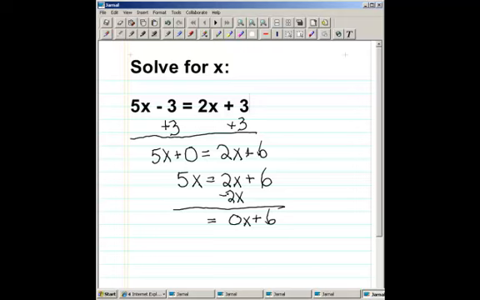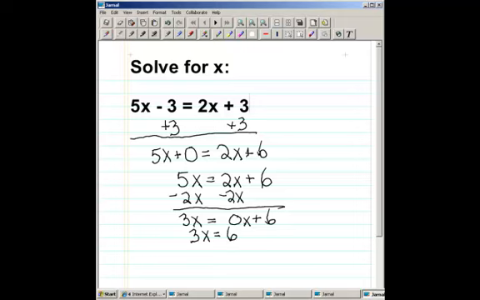So if I subtract 2x on the right, I must subtract 2x on the left of the equal sign. And 5x minus 2x leaves me with 3x's. We know that 0 times any number is 0. So 0x is simply just 0. And simplifying this expression, I have 3x equals 6.